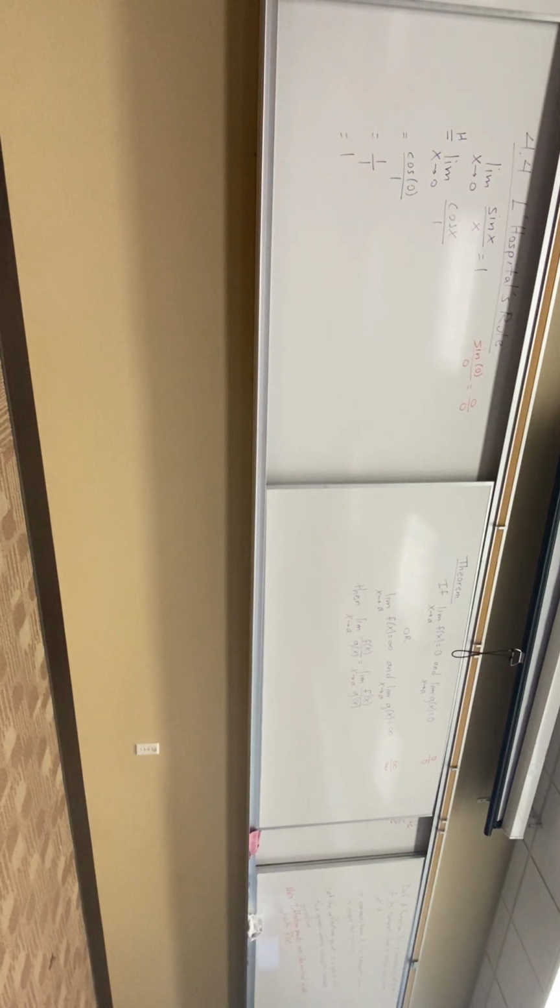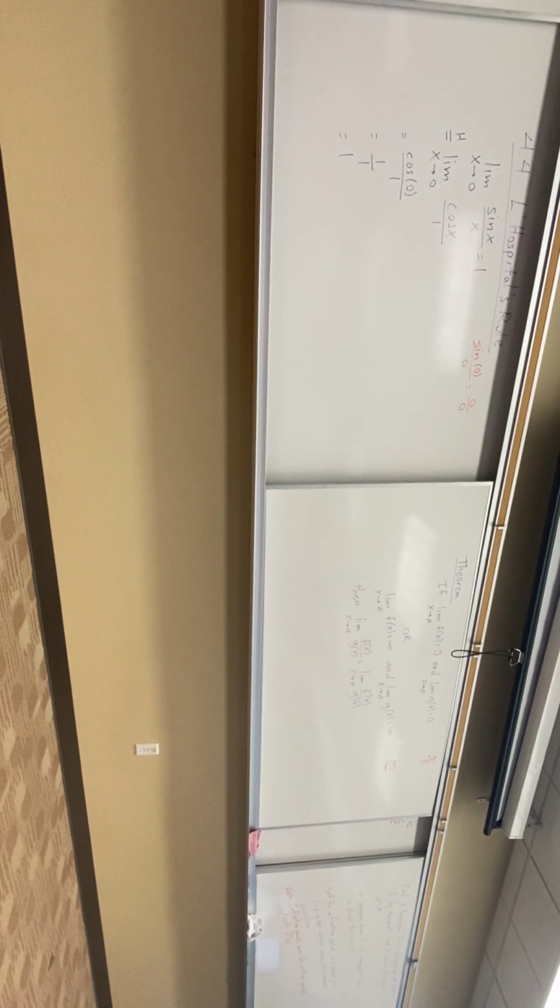Now there are some forms that are determinate. If we have a number over a number, where the bottom is not equal to 0, then that's just going to give us an answer. So if we have like 3 over 7, then the answer is just 3/7.